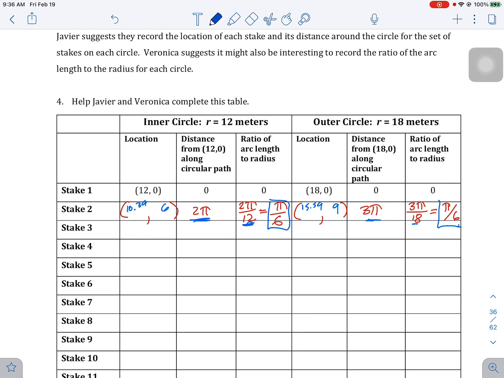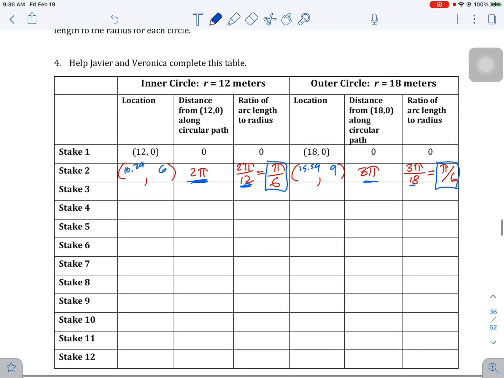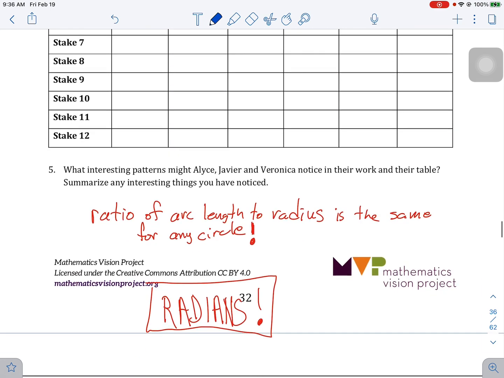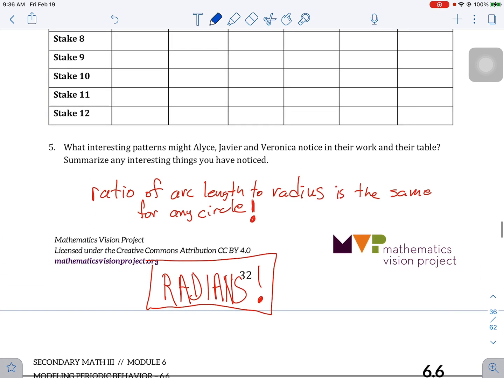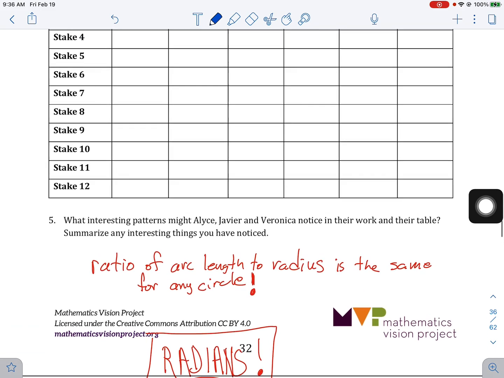Same ratio for the radius of 18, because 3 pi divided by 18 is pi over 6. This represents radians. So the big summary piece here is that the ratio of the arc length to the radius is the same for every circle, and that ratio represents radians.